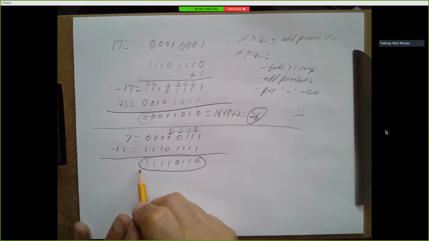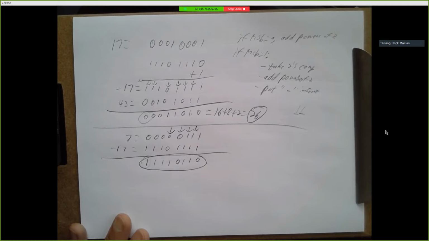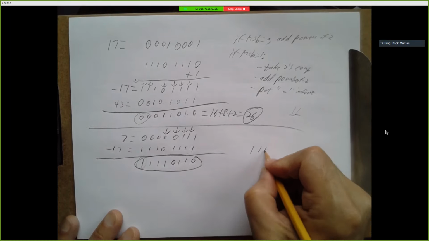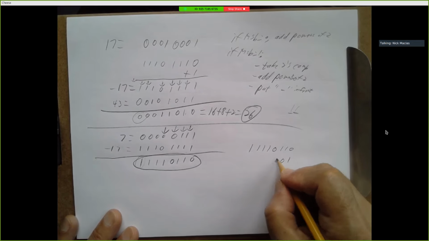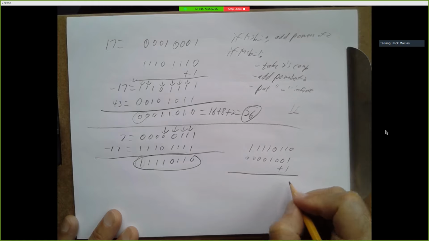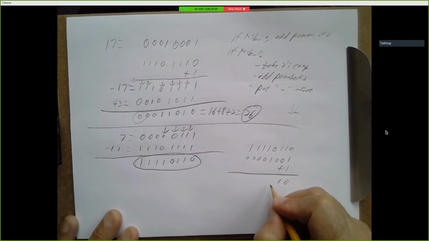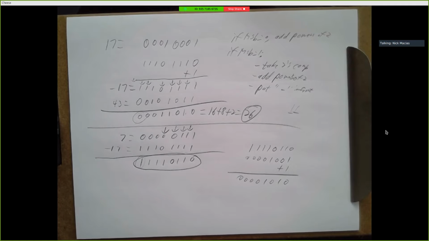Alright, so here's our value for 7 minus 17. It's got a 1 in front. Let's take the 2's complement. How do we do that? Toggle all of the bits, add 1, gives us this number.